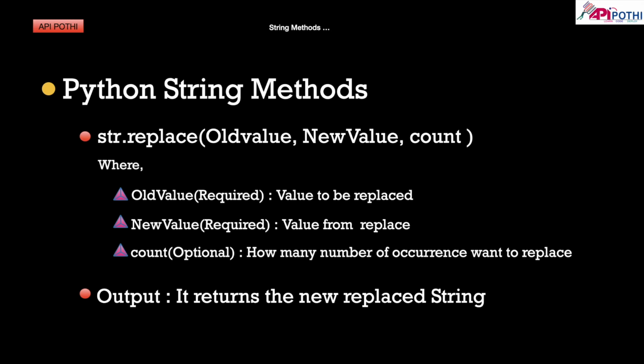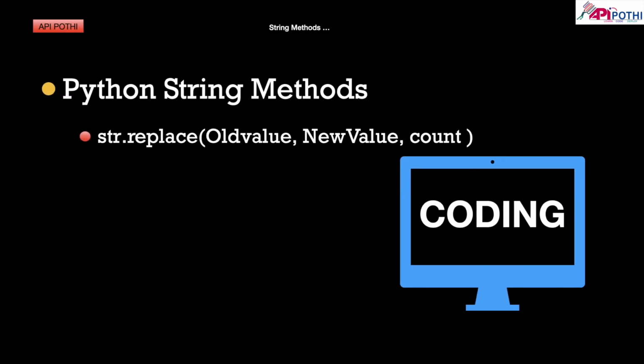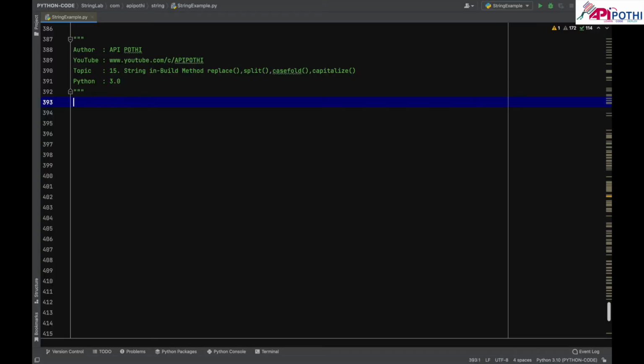Now coming to the IDE to understand more about the replace method of string in Python. So here we are going to take one input string for replace. Here I am just taking API POTHI YouTube. Now what I want to do is use the replace method here.